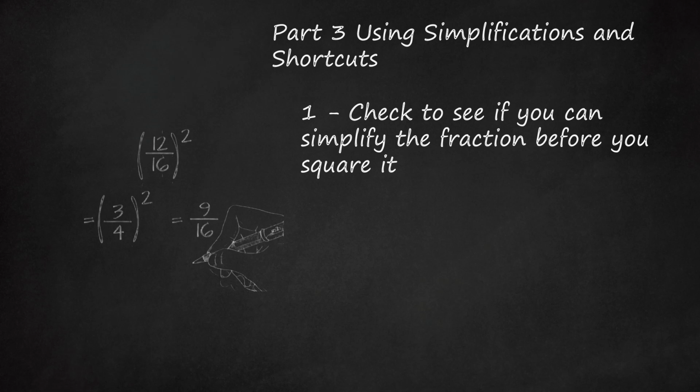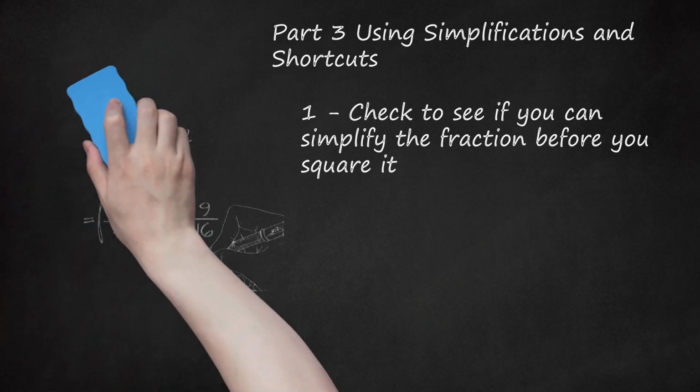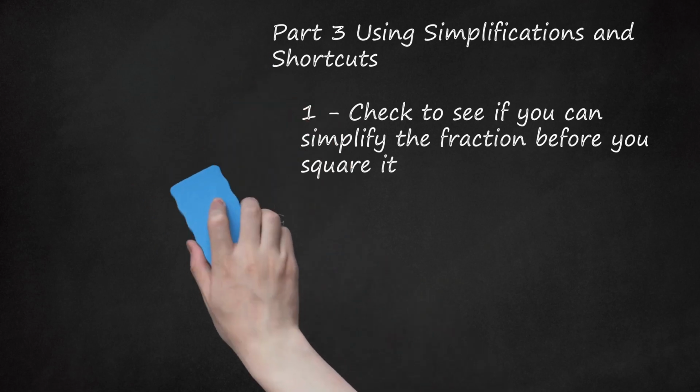To prove this, let's square the original fraction without reducing. (12/16) squared equals 12 by 12 over 16 by 16, which equals 144/256. 144/256 has a common factor of 16. Dividing both the numerator and denominator by 16 reduces the fraction to 9/16, the same fraction we got from reducing first.